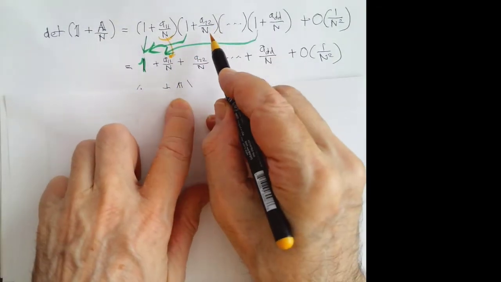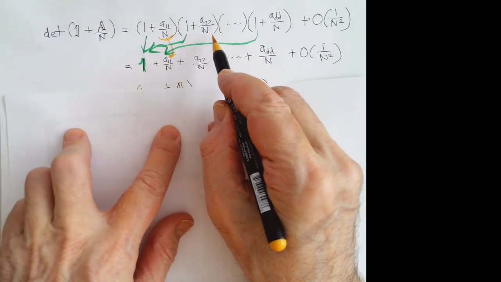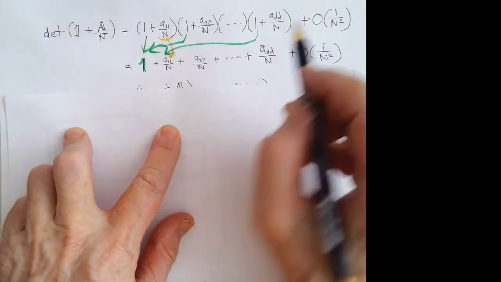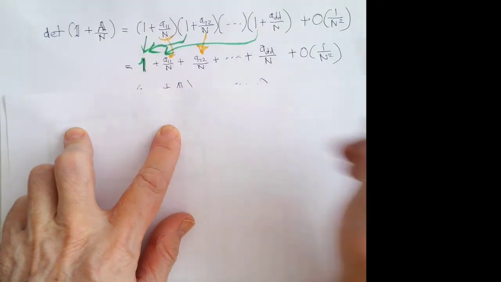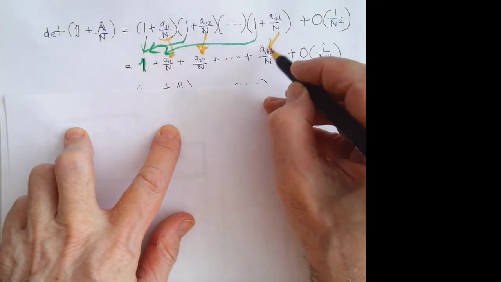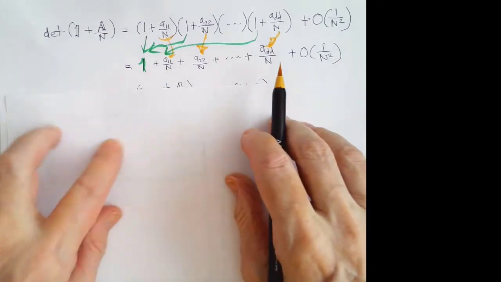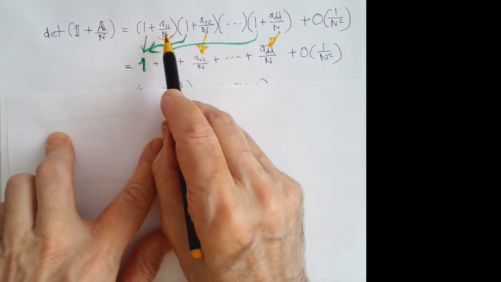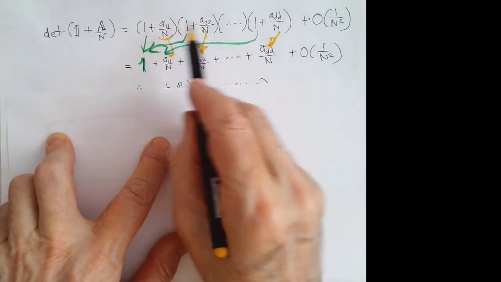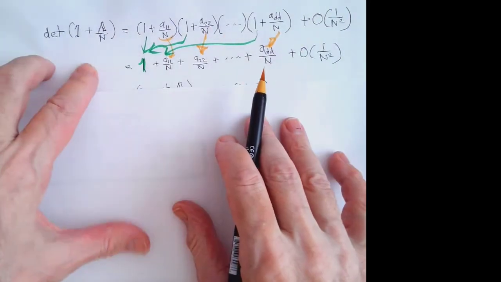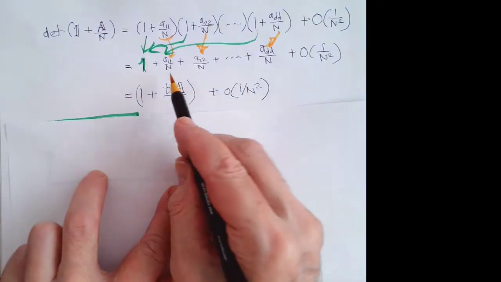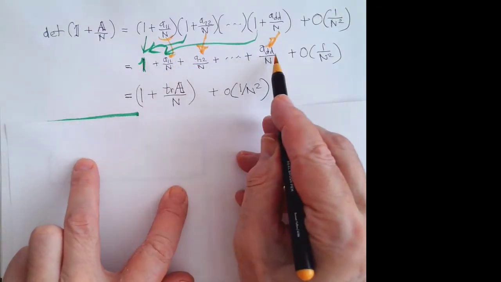Then we take this term and multiply everybody else, all the ones. That gives me this term. And finally, to the order 1 over n, the only things that survive are terms a_11, a_22, a_33. All of them add up. The rest is a correction. But this is the definition of the trace of the matrix.